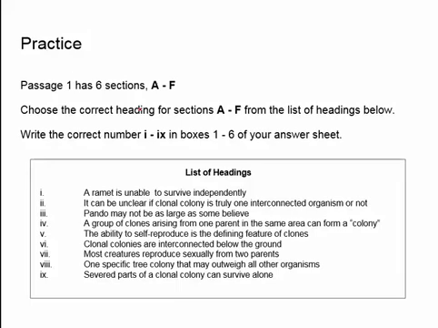If you can find a heading that works and you are very confident about it, you can cross it off. And that's a really big advantage, because then you don't have to consider it for other paragraphs that you are going to have to find headings for.